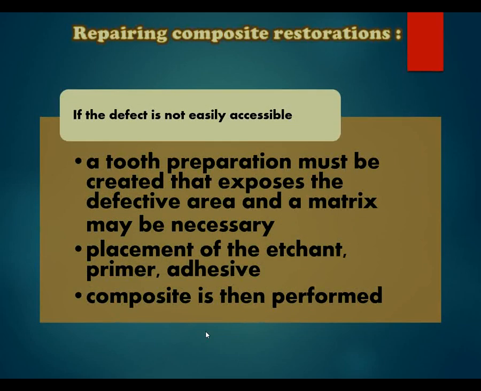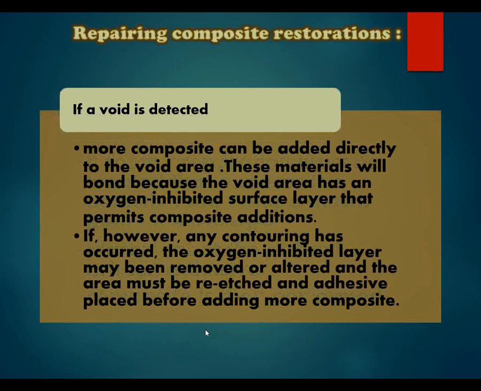If the defect is not easily accessible, then a tooth preparation must be created that exposes the defective area, and a matrix may be necessary. Placement of the etchant, primer, adhesive, and then insert composite and polish. If a void is detected, then more composite can be added directly to the void area.